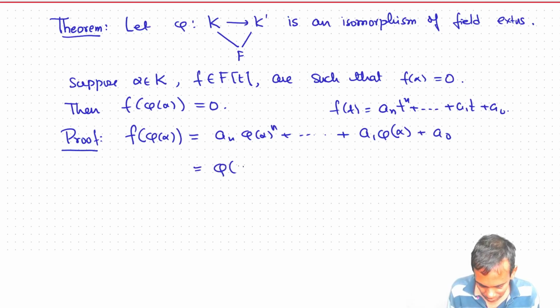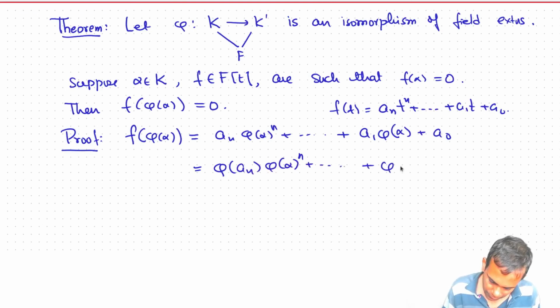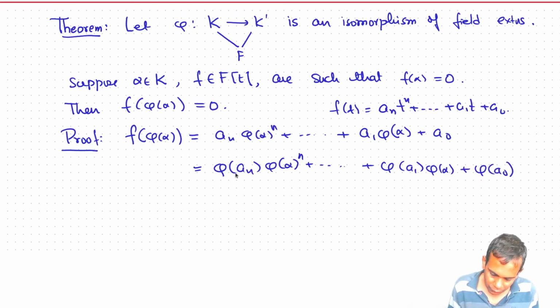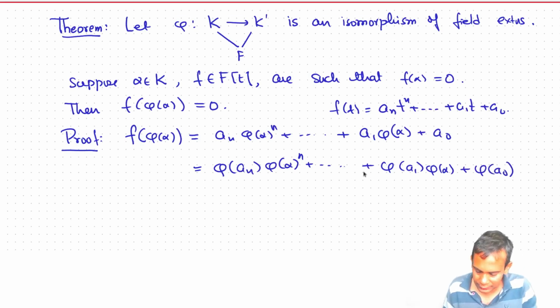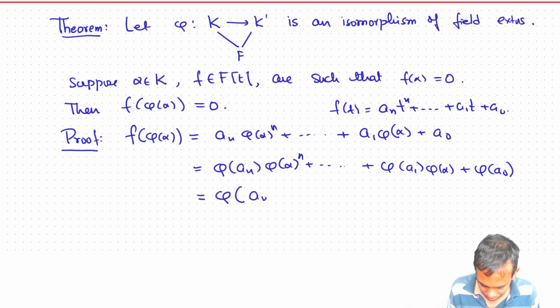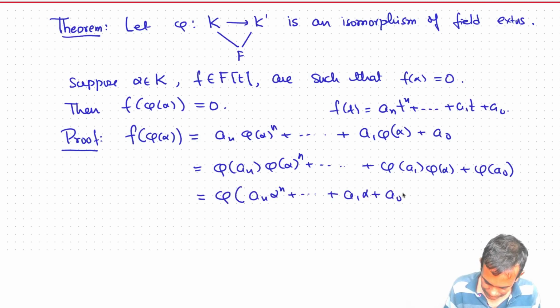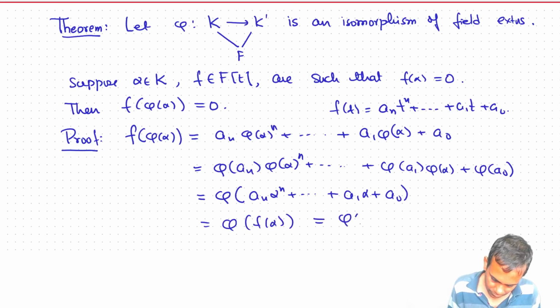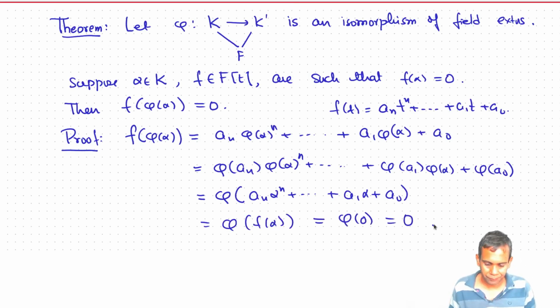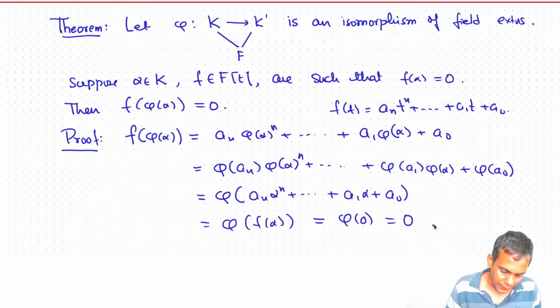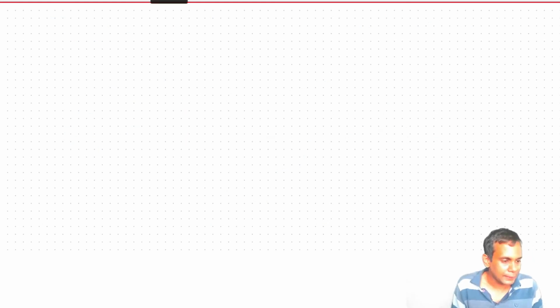So I can write this as phi of a_n, phi of alpha to the power n plus ... plus phi of a1, phi of alpha plus phi of a0. So now we are applying phi to all the terms here, and they are just sums and products. Because phi is a ring homomorphism, this is the same as phi of (a_n alpha to the n plus ... plus a1 alpha plus a0), which is just phi of f of alpha, that is phi of 0, which is 0. That's the proof.